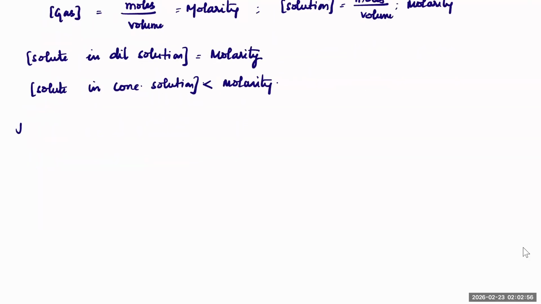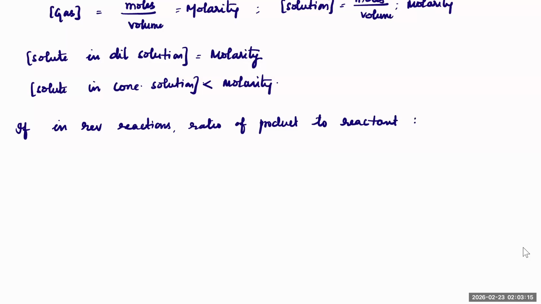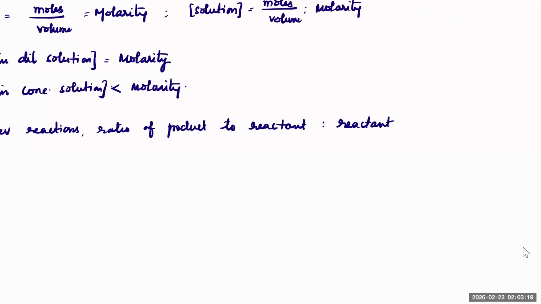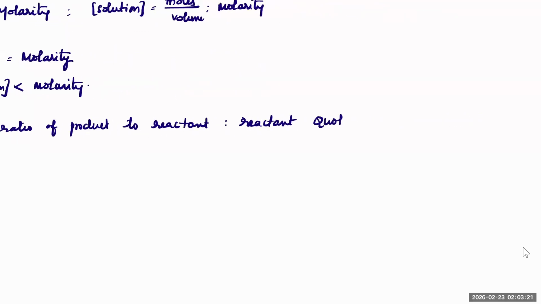Next thing, in reversible reactions, the ratio of product to reactant is measured, and that is called the reaction quotient.